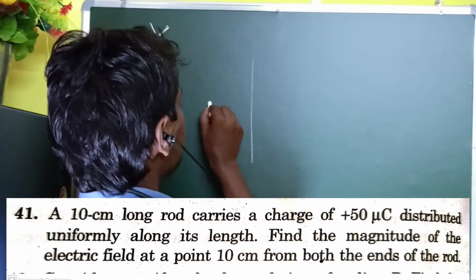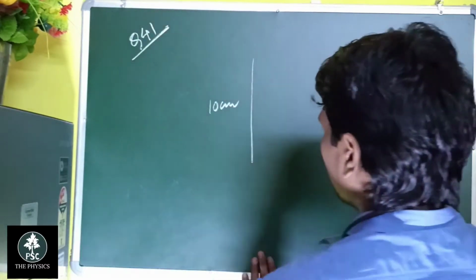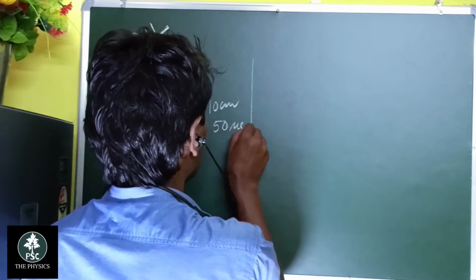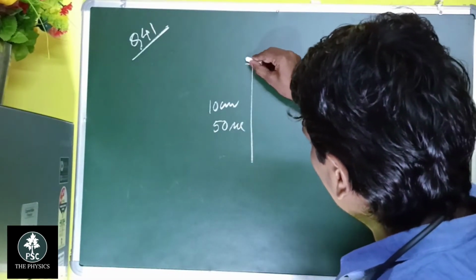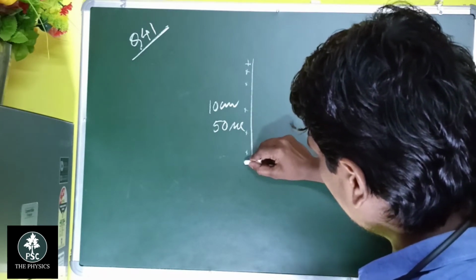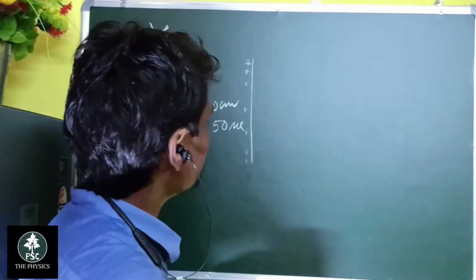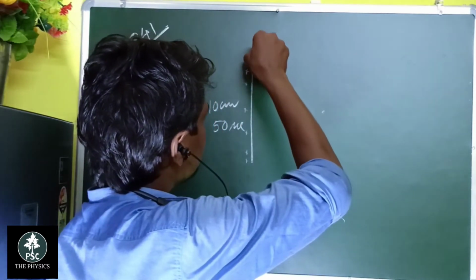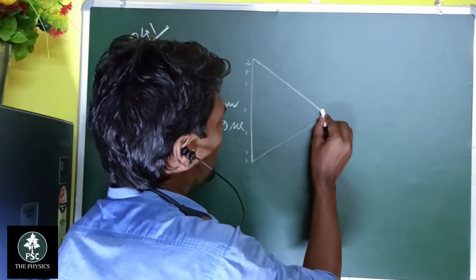A 10 centimeter long rod where 50 microcoulomb charge is distributed over it. So all the charges are distributed over the rod, and you have to calculate the electric field at that point, that is 10 centimeter from the two ends.